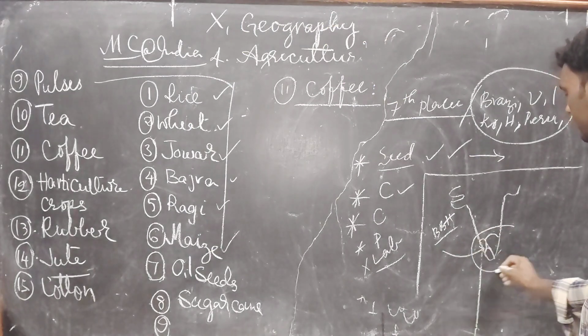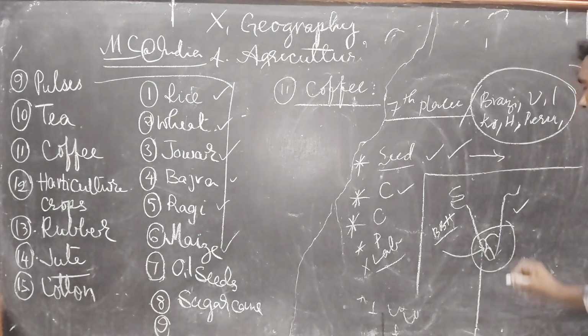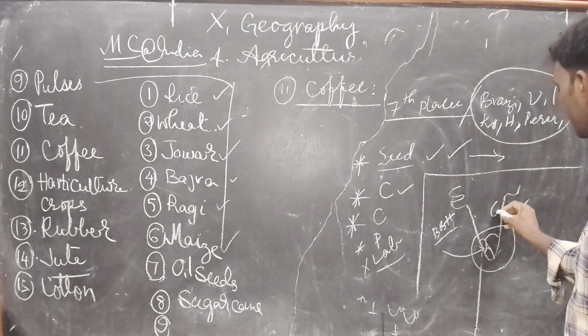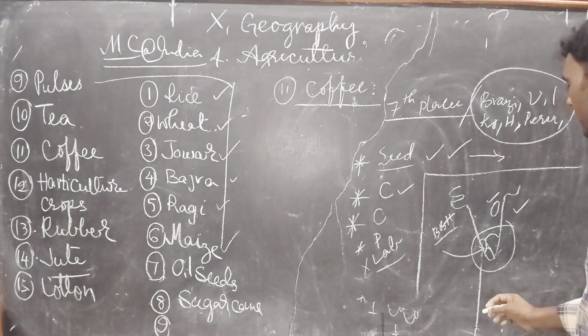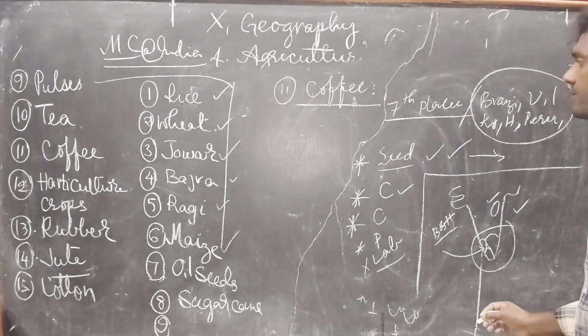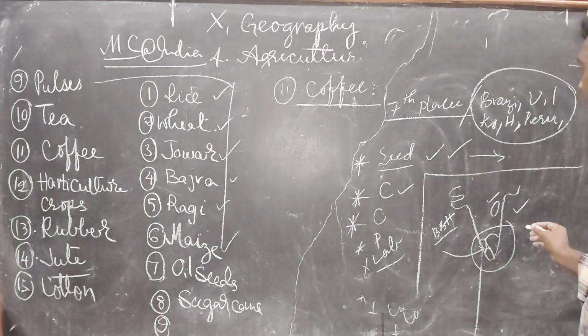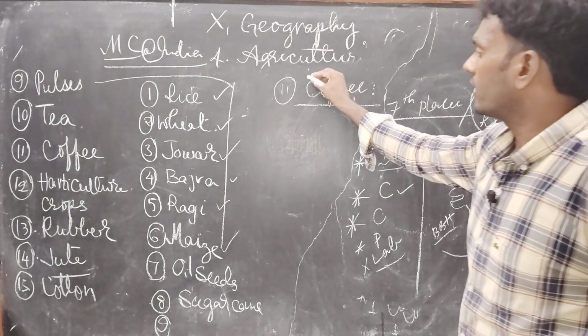See, these three states are producing a high amount of coffee. But in Andhra Pradesh also, Araku is producing coffee. But the leading producer of coffee is Karnataka. We can remember it like this.